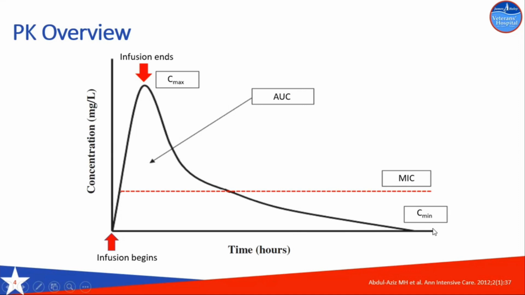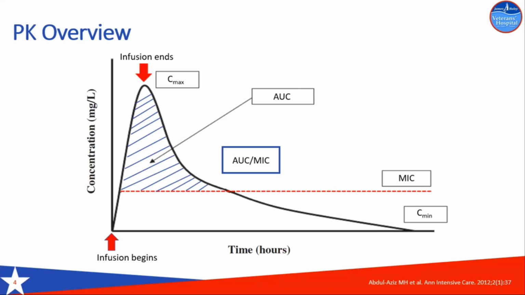Now at the bottom, we have Cmin, which is the minimum concentration. You'll see the MIC, which becomes relevant when we're talking about these doses in relation to specific bacteria. And then the area under the curve, one of those parameters that we're going to talk about more so with vancomycin than the aminoglycosides.